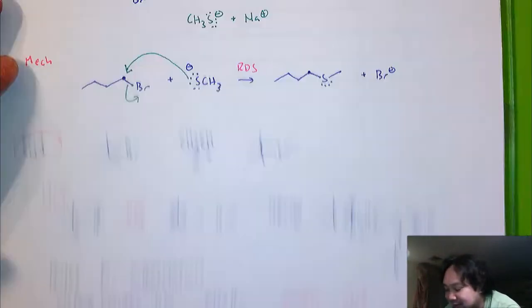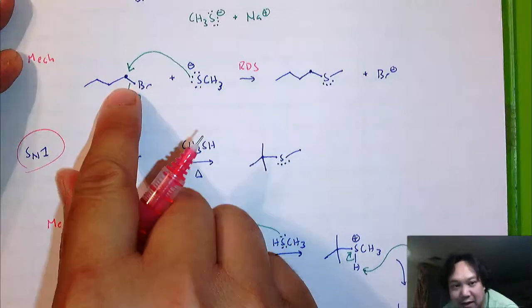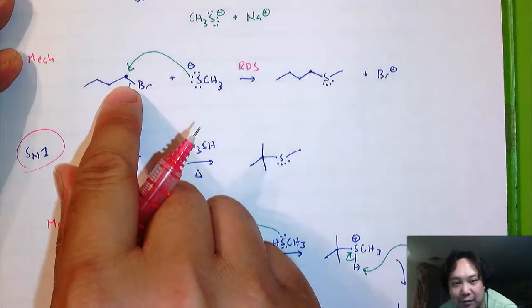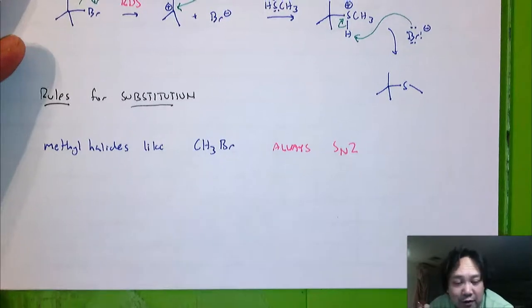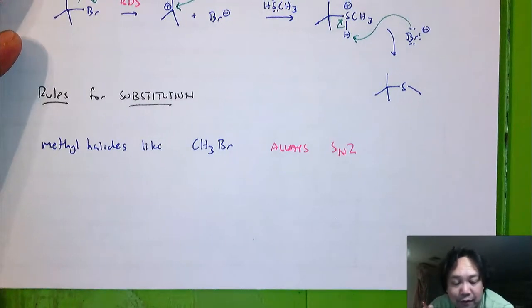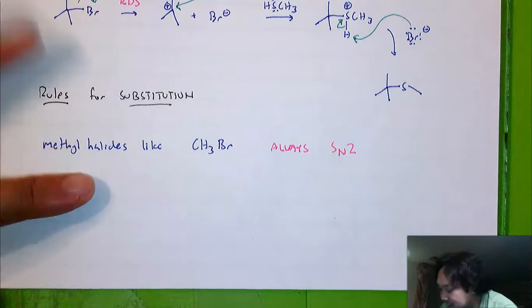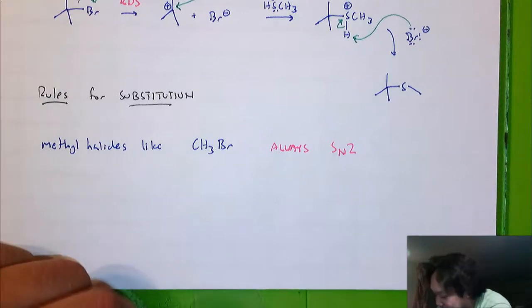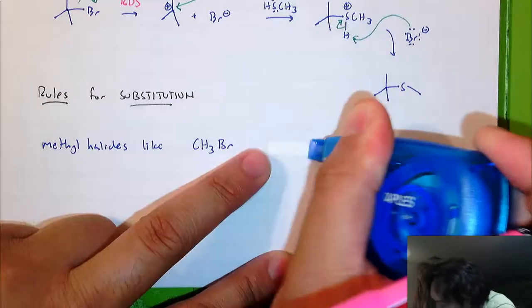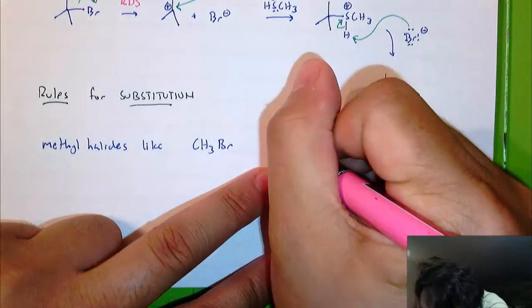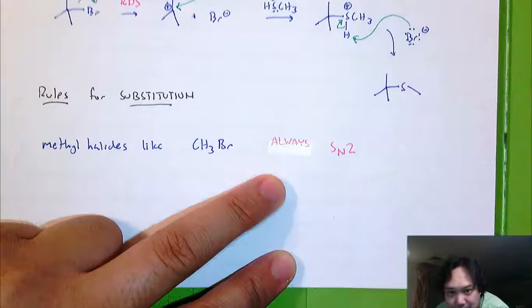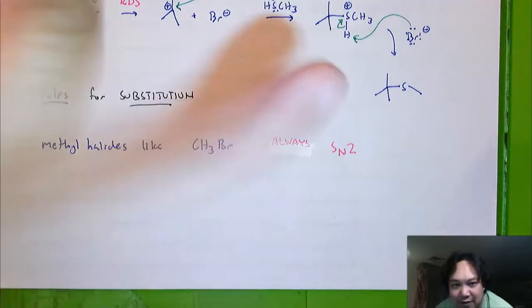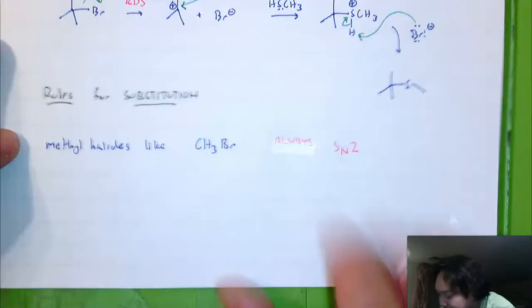It's very easy for a nucleophile to come in and kick out the leaving group. It's always SN2, always, regardless of whether you have a poor nucleophile or a good nucleophile. Let me write this a little bit better. Always SN2, regardless of the nucleophile.